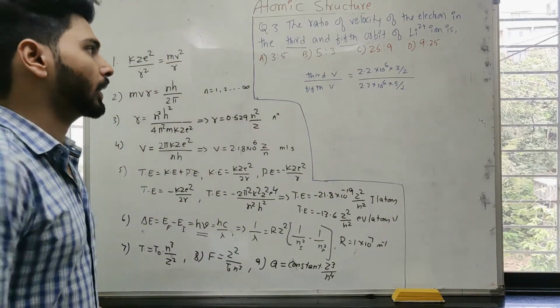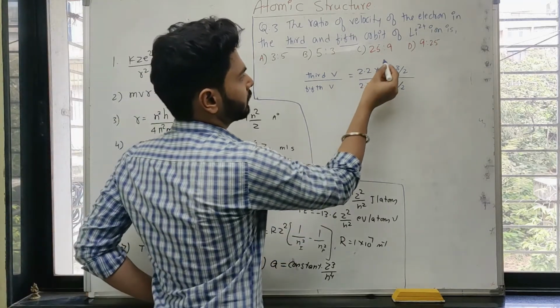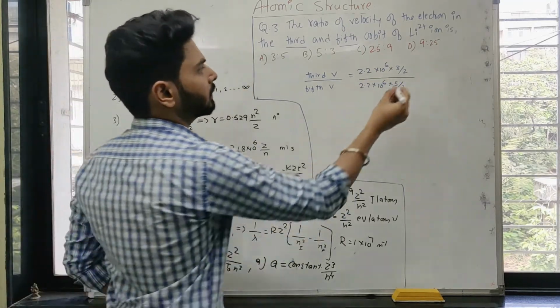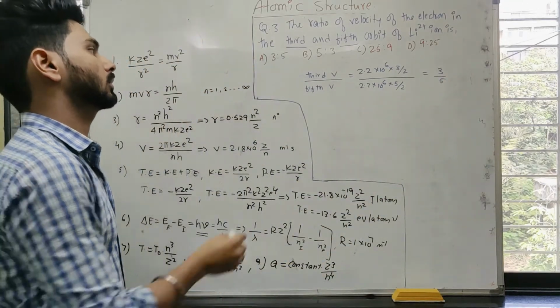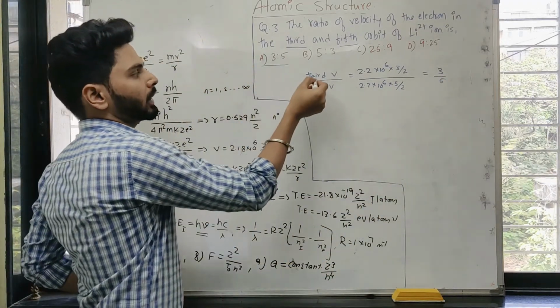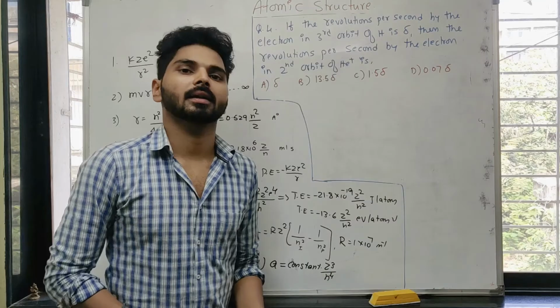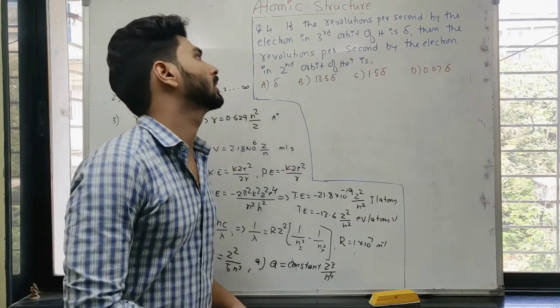So here you can understand this and this will get cancelled, giving us 3 by 5. So remember what to be written in the numerator and what to be written in the denominator.